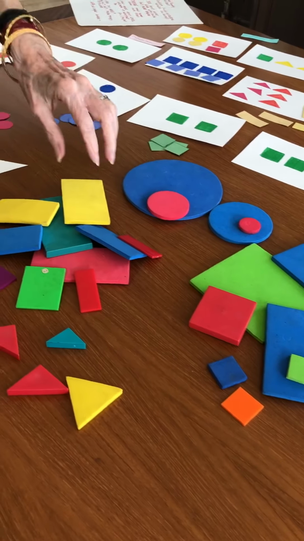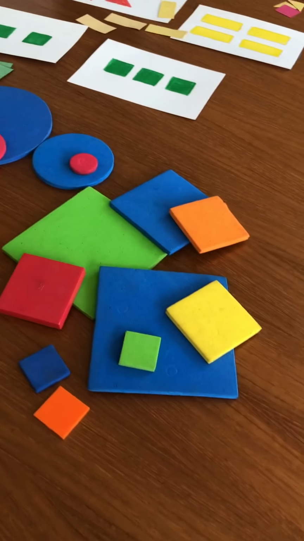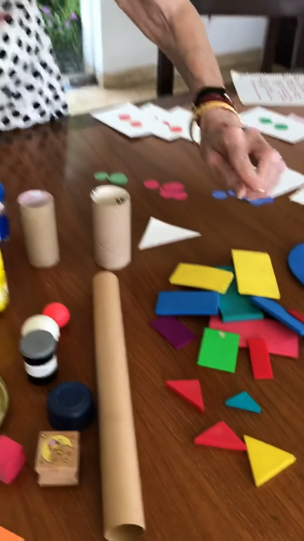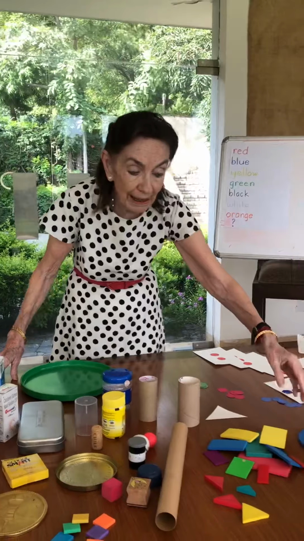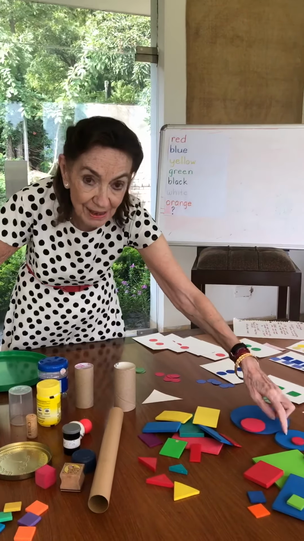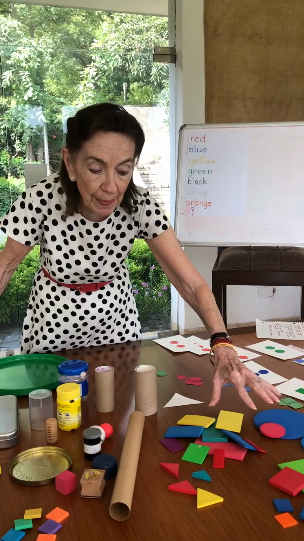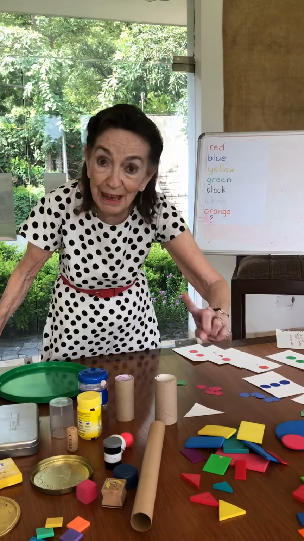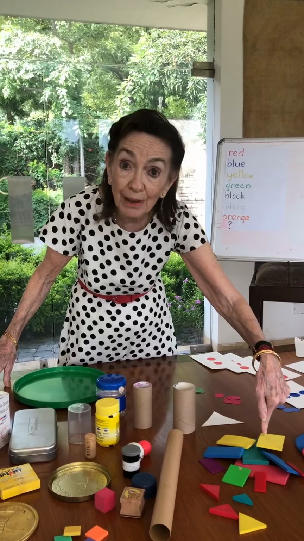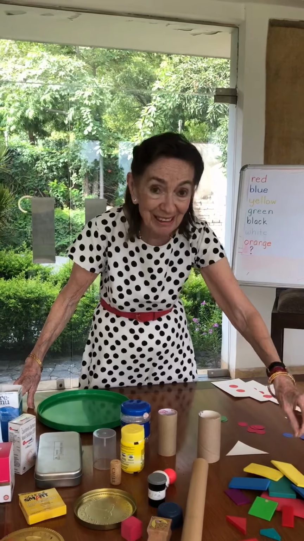Attribute blocks are blocks in various common shapes, circles, squares, rectangles, triangles, and the attribute or the characteristic is shown by the size, relative size, larger and smaller, different colors, and different shapes. These are only fun if you can easily get hold of them. If not, cut them out of colored paper. You can get some yellow paper and make some rectangles.